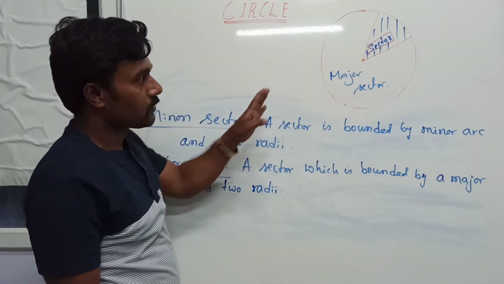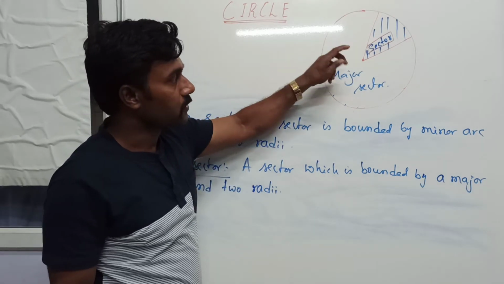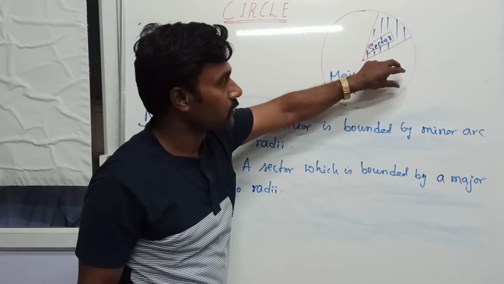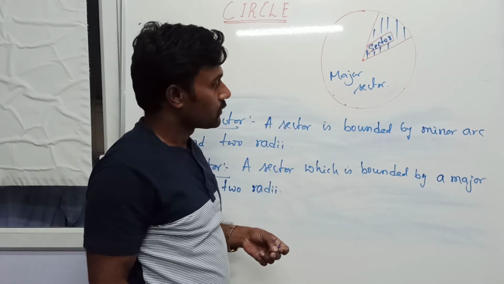This is how we can classify the sector into minor sector and major sector. This is the minor sector and this is the major sector, on the basis of area occupied in the circle.